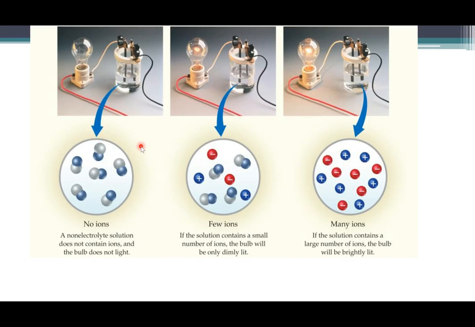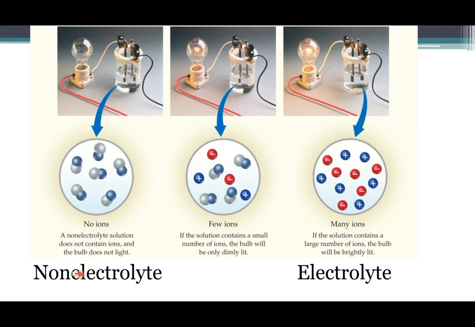I'm not sure how much you know about electricity, but electricity is really just the movement of electrons. So if we don't have any charged particles, those electrons don't have anywhere to go, so it just stops. So we would call this type of solution a non-electrolyte. It does not conduct electricity. Okay, and that would be our molecular compounds.